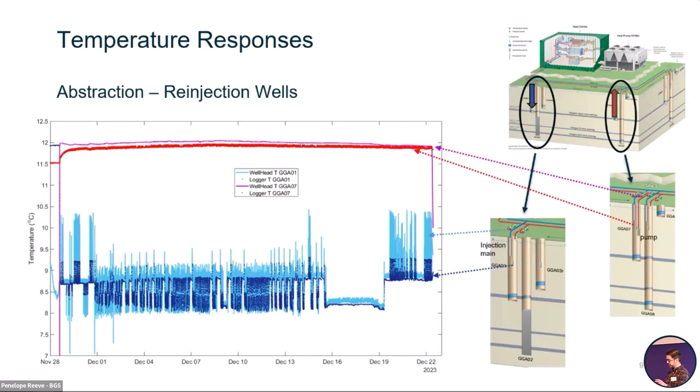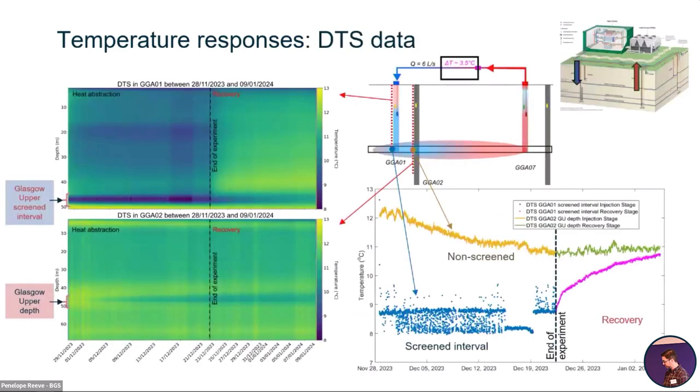Now the logger sits below in the mine hole, the injection main. It fluctuates, and you will see why in one of the next slides from the surface infrastructure data, but it varies around 8.9 degrees Celsius. So this is a change of around 3.5 degrees from heat abstraction in the infrastructure.